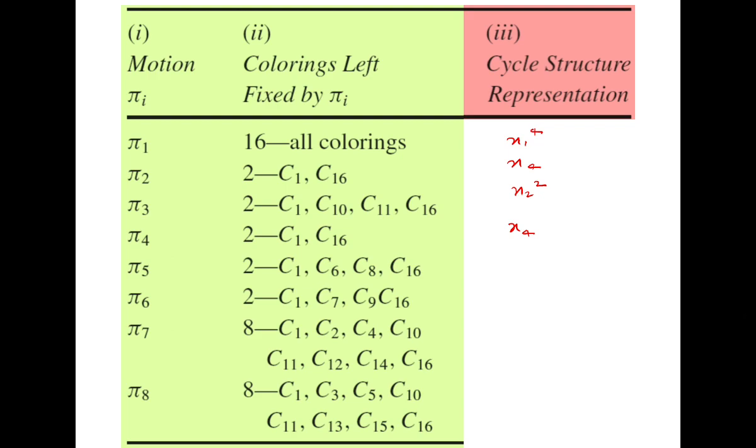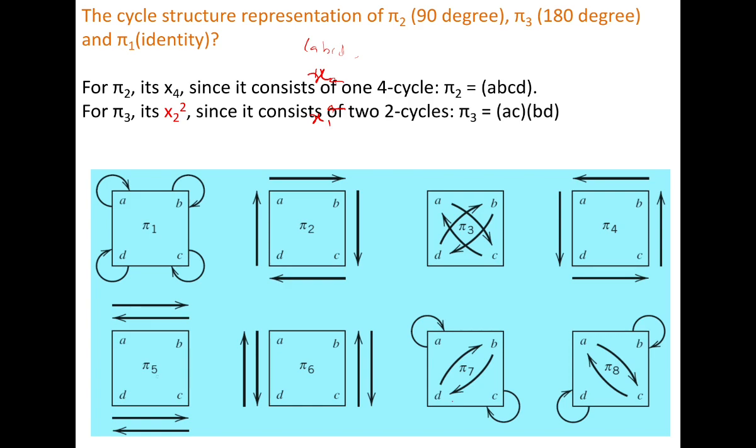Then pi 5 is a rotation with two cycles, x2 squared; pi 6 is x2 squared; pi 7 has two cycles of length 1 and one cycle of length 2, which means x1 squared x2. Similarly for pi 8, this is x4, this is x2 squared, this is x4, and this is x1 raised to the power 4.